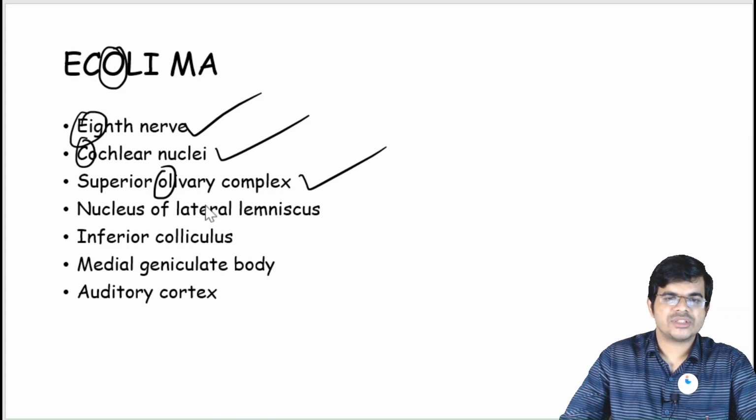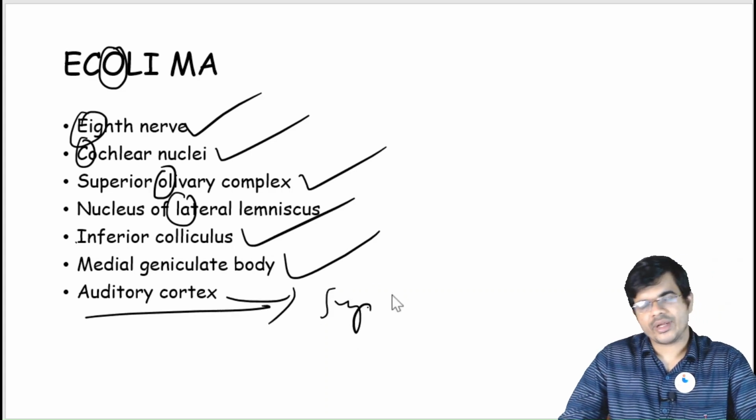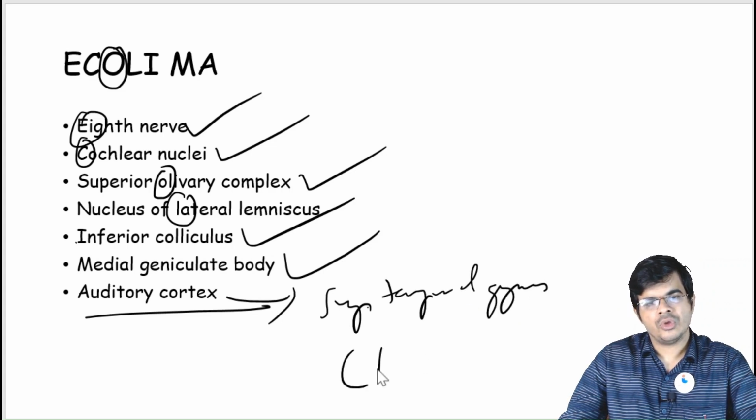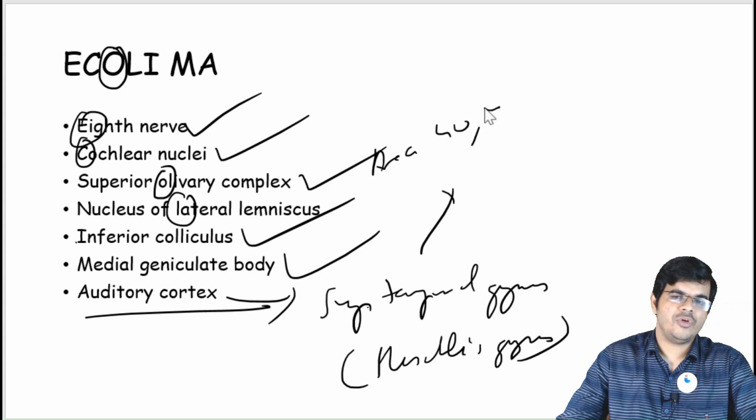Nucleus of lateral lemniscus is L. Then you have the inferior colliculus, medial geniculate body, and finally auditory cortex. Okay, auditory cortex, superior temporal gyrus or Heschl's gyrus. Okay, this is the area 41 Brodmann area.